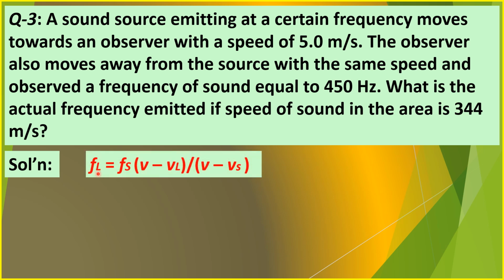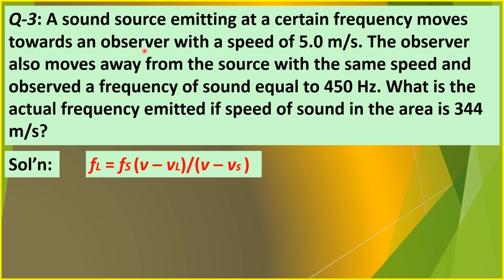Alright, so the solution to this problem is based on the formula FL is equal to Fs multiplied by V minus VL all over V minus Vs. Why this formula? Why are we using V minus VL? It is because the listener is moving away.